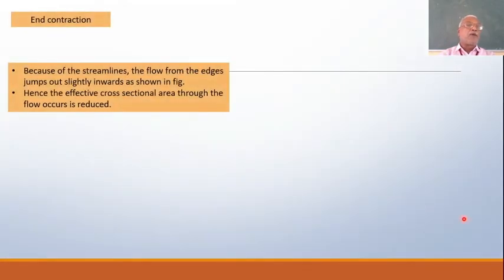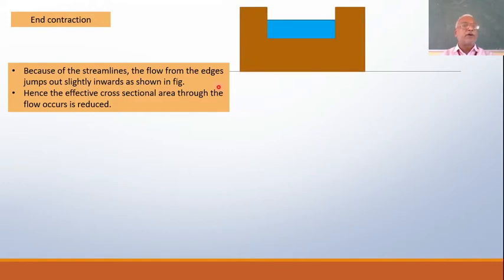Okay, next. End contraction means what? Because of the streamlines, the flow from the edges jumps slightly inwards as shown in the figure. Hence, the effective cross-sectional area through which the flow occurs is reduced.